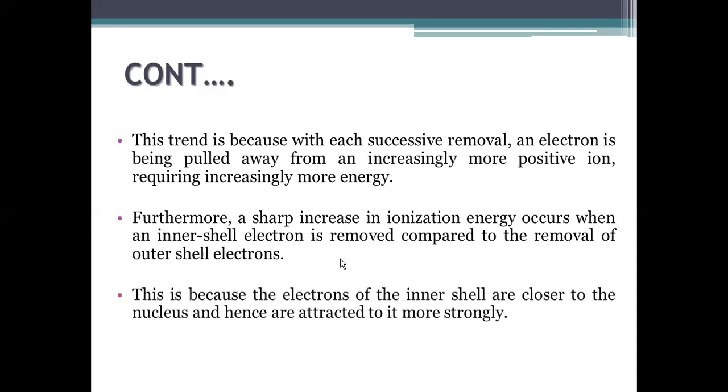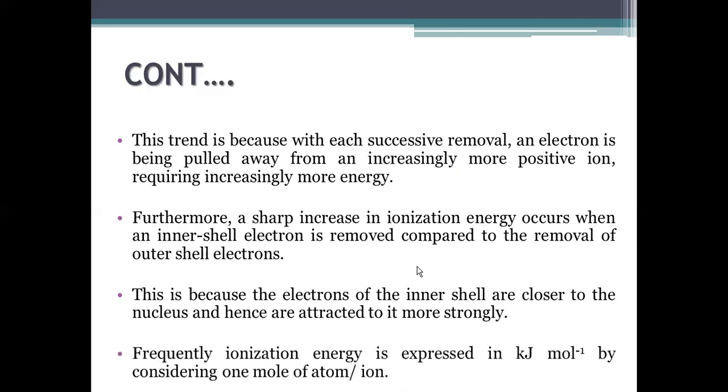What is the reason for this? The electrons in the inner shell experience very effective attraction. Why? The electron and the nucleus are much closer compared to your outer shell electron. That's why we have to provide more energy for that, right?